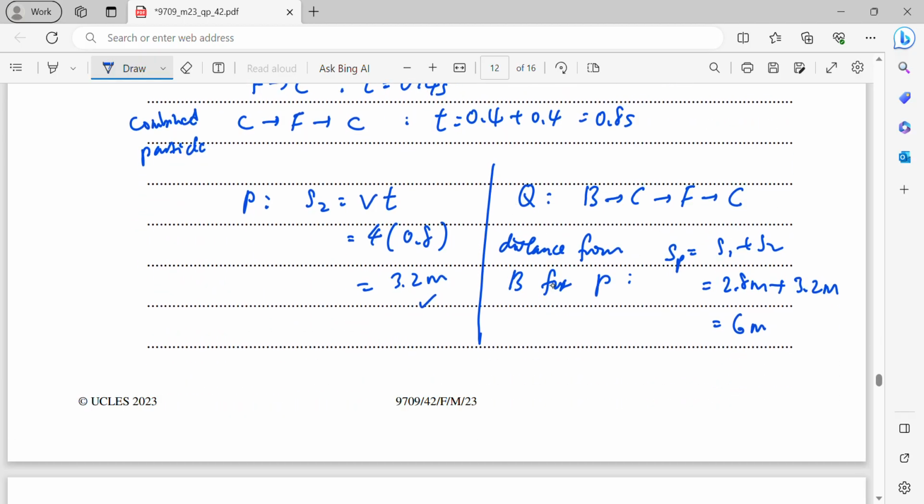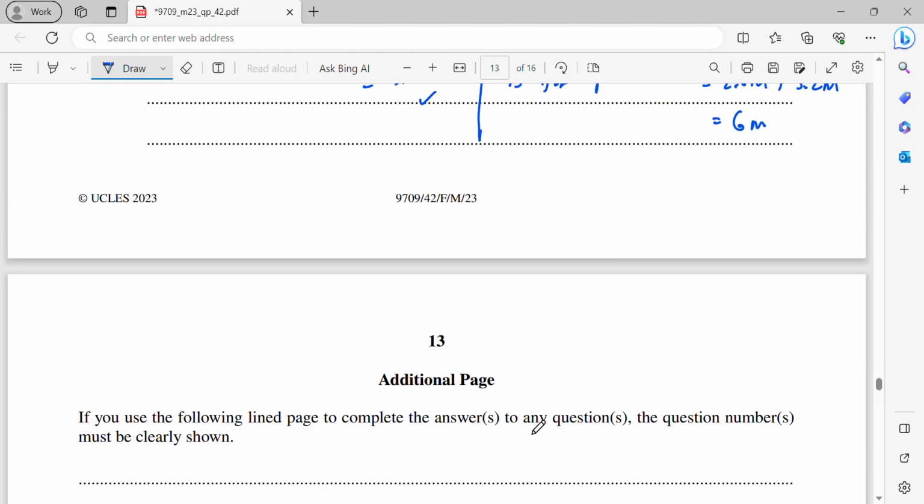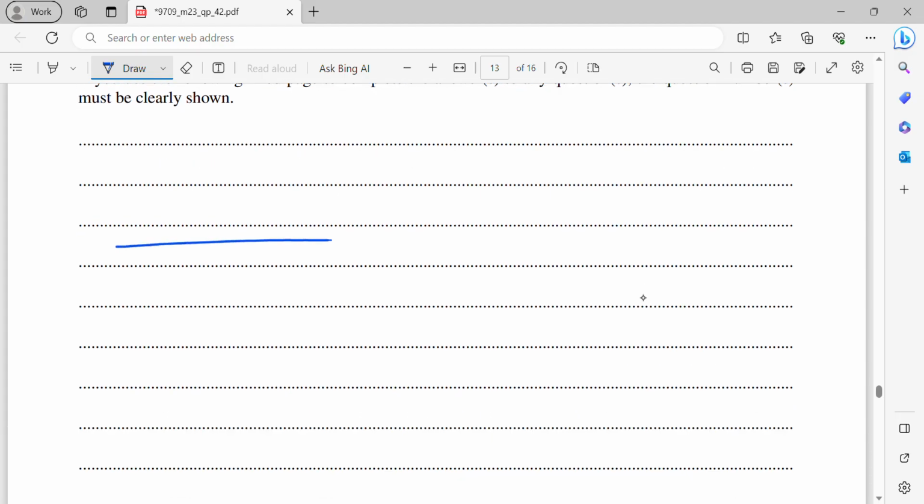Alright, so now when you look at the diagram, I do not have enough space, so I show it on the next page. Let's say this is the diagram. The P has traveled 6 meters. This is B, this is C. Here is 6 meters, which means your P reaches here.